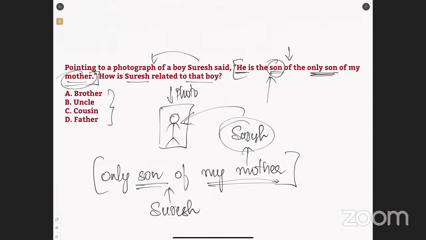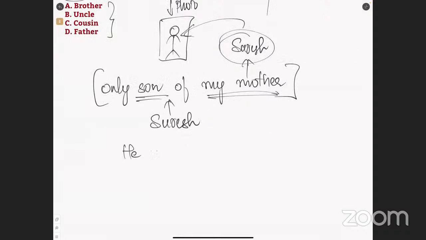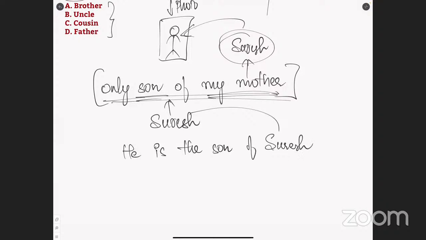So now I'll just rewrite the statement made by Suresh. He is the son of only son of my mother, he had said. Now, instead of only son of my mother, I will write he is the son of Suresh. Now, it is easier for us to identify the relationship between Suresh and the person in the photograph.